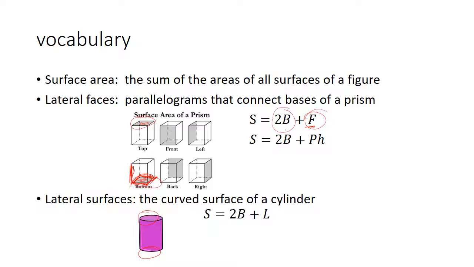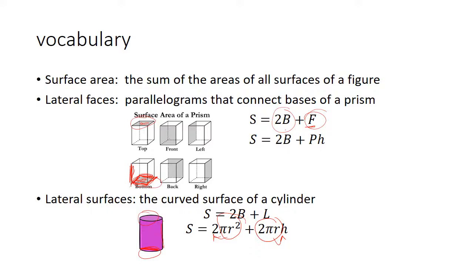And then for L, you take the circumference, just like you took the perimeter up here, and then multiply that by the height. So this is going to be the area of the circle times 2, and then this, all of this right here, is your circumference times your height.